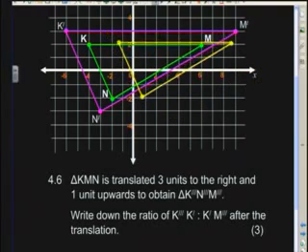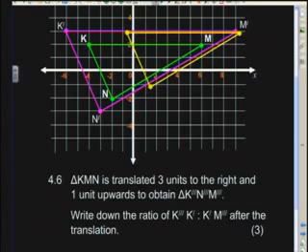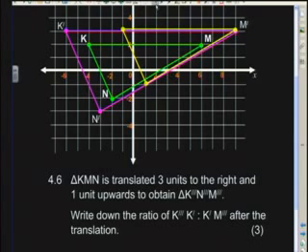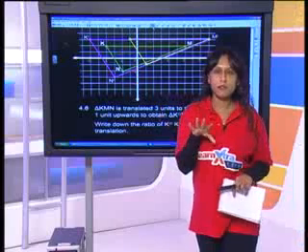From there, we're then going to move it 1 unit upward. That's going to be your new triangle, K triple prime, N triple prime, M triple prime. That's the new triangle that you're dealing with.